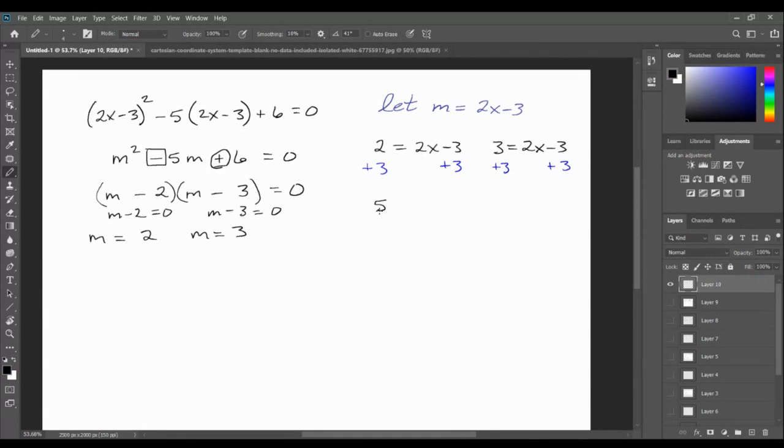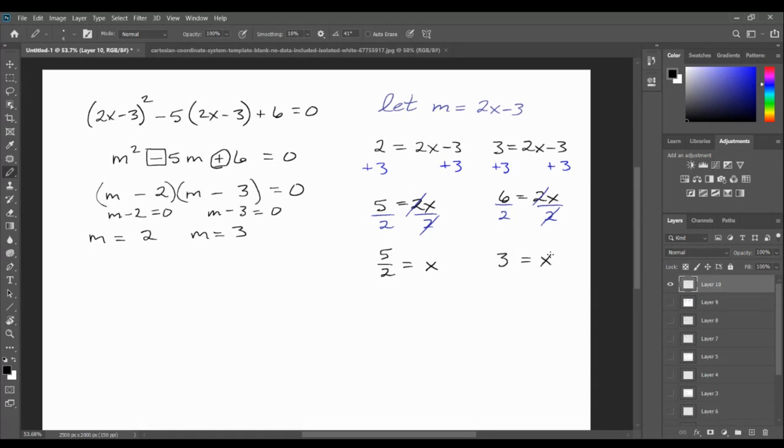So I've got 5 equals 2x. I've got 6 equals 2x. Divide everything by 2. 2 divided by 2 is 1. And I end up with 5 halves equals x, and 3 equals x.